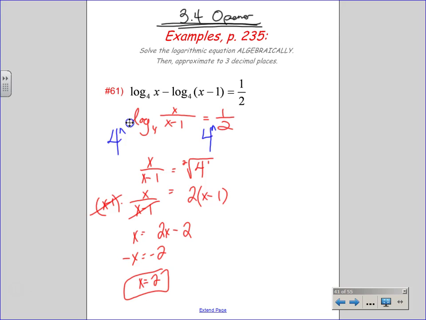So I'm putting the little caret because, especially in your homework, it's probably hard to show that, like it would be in your calculator, to the power of. So this whole entire left side becomes the exponent, 4 to the power. And so this would be rewritten, technically, if it helps a little bit, as 4 to the 1/2, which is the square root of 4, which is why I was able to go down to 2.